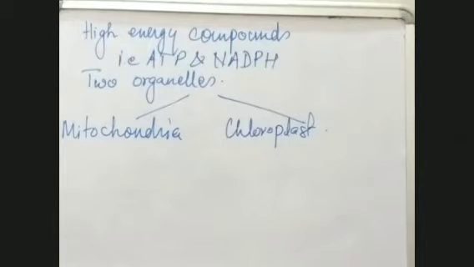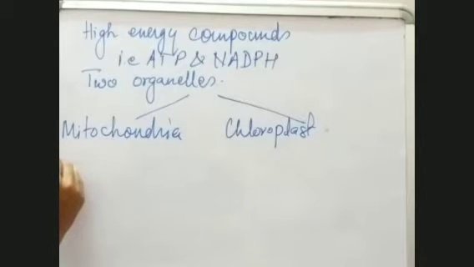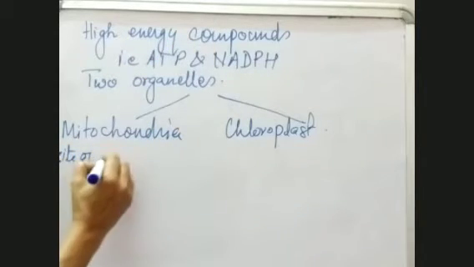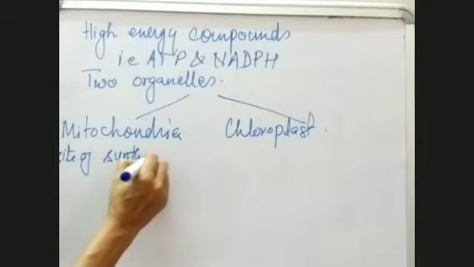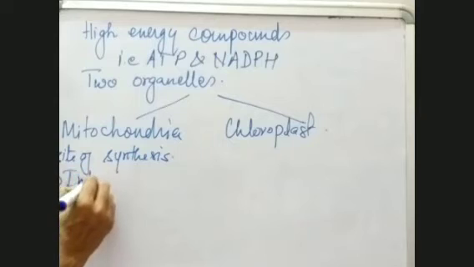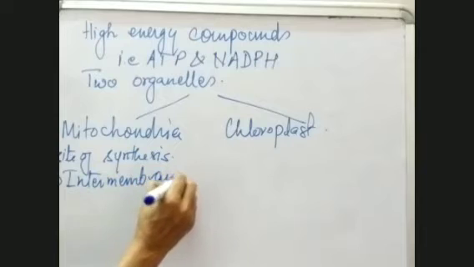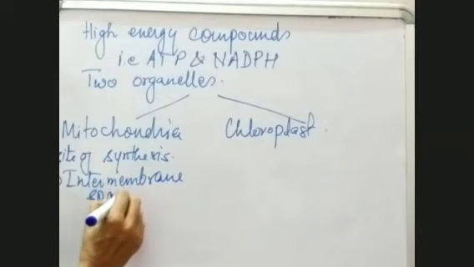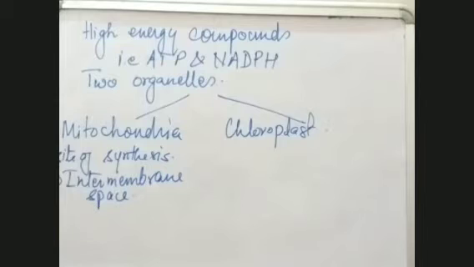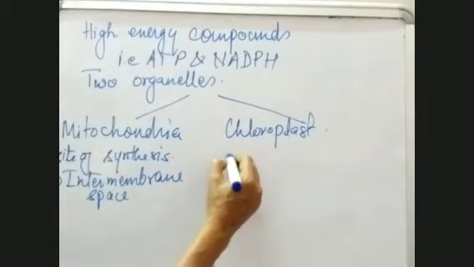Now, in mitochondria, this takes place in intermembrane space. The site of synthesis, in case of mitochondria, is the intermembrane space. Whereas the site of synthesis of high energy compound in case of chloroplast is the thylakoid membrane.